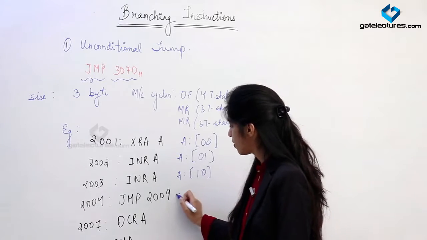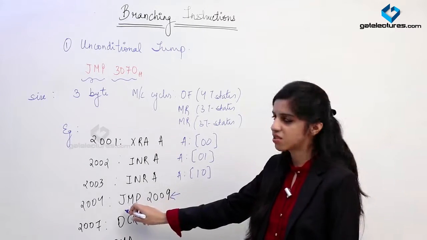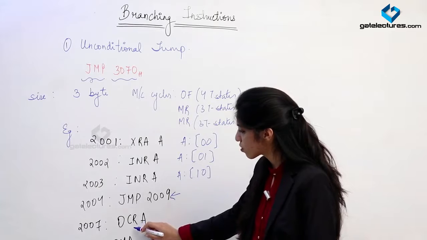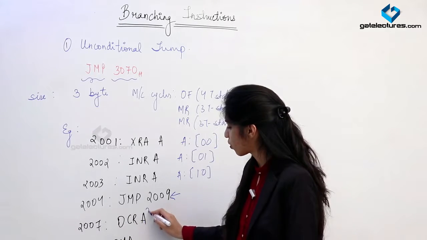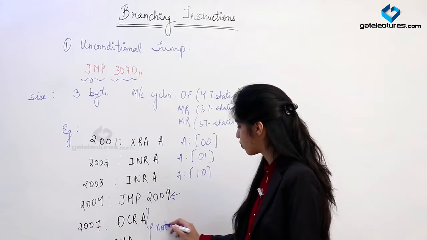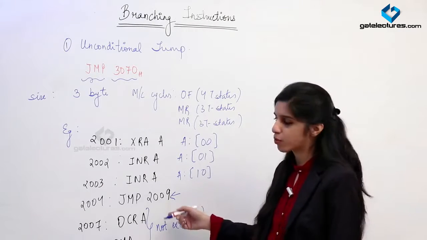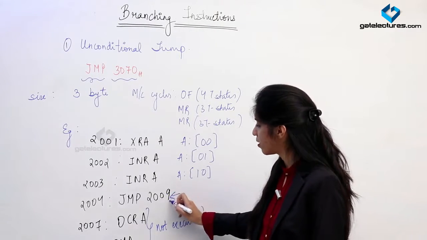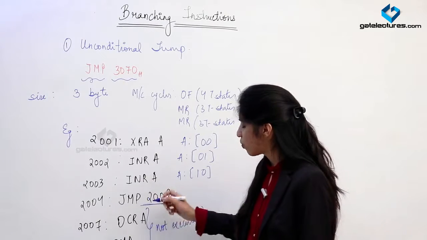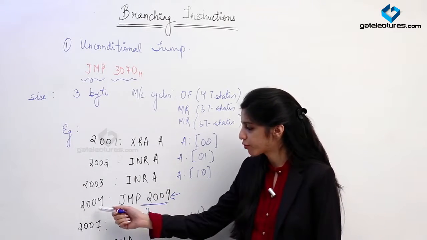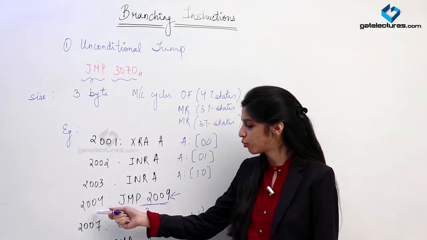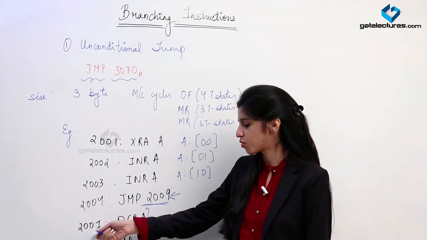Now what happens when we reach this jump instruction, 2007 and 2008 are not going to be executed. Simply the PC, program counter, is going to be overwritten with this value. Actually, after execution of the instruction at 2004, we had to go to the next memory location, which was 2007.